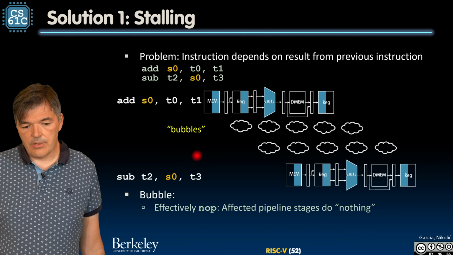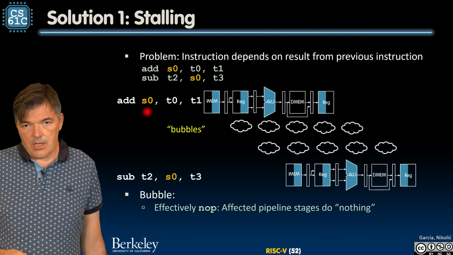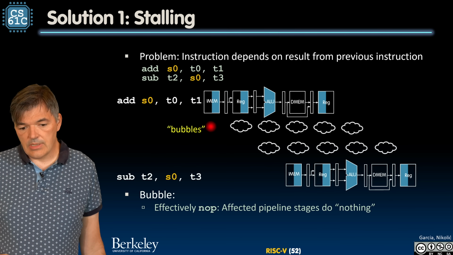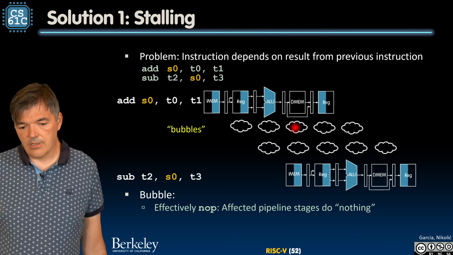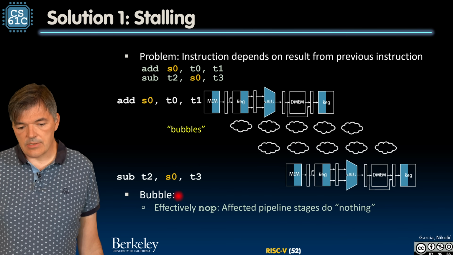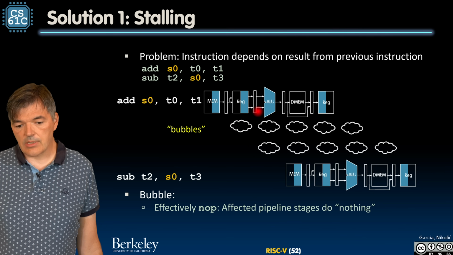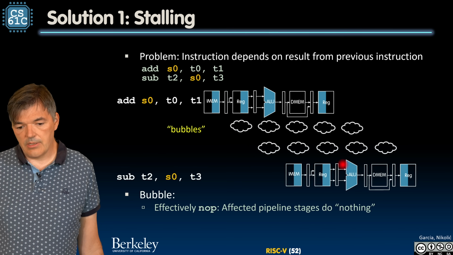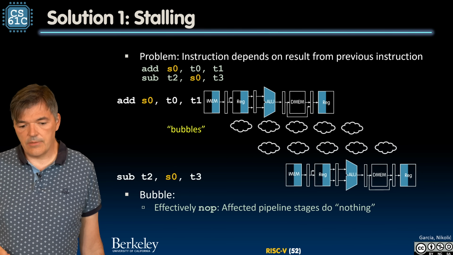So if the sub follows the add, the sub execution needs to be delayed by 2 cycles by inserting 2 bubbles in between. These bubbles are essentially nops that are going to help correctly align the register write back stage with the register read.